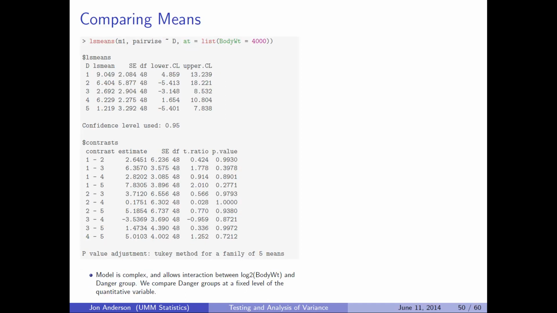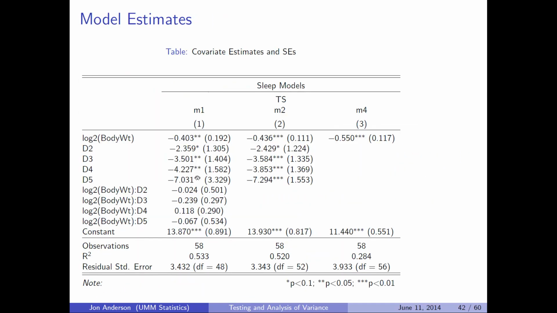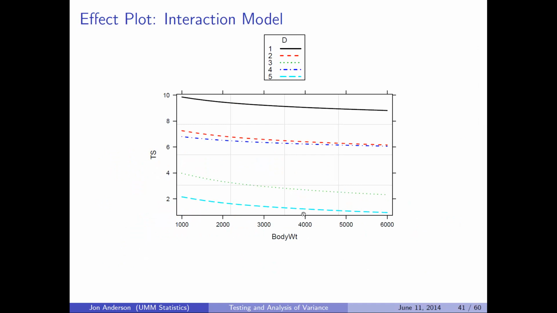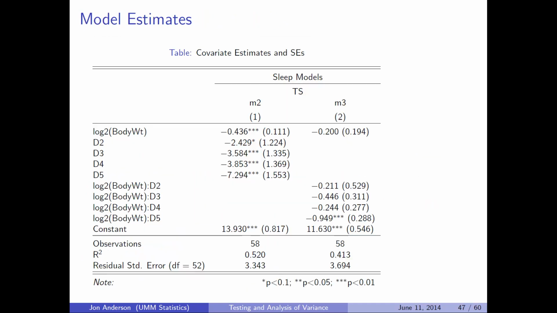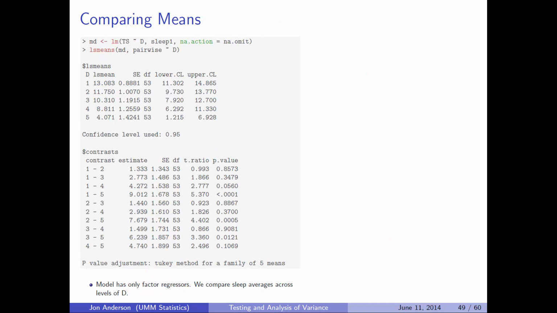If we have a model like we had before with a continuous predictor, log 2 of body weight, we could compare danger groupings at a fixed body weight. Back on one of the effect displays, we would be saying, let's compare the groups at 4,000 kilograms of body weight, or 4,000 grams, not sure what the units there were.